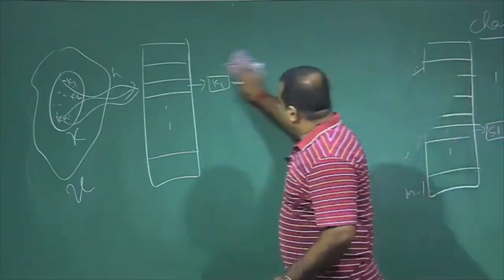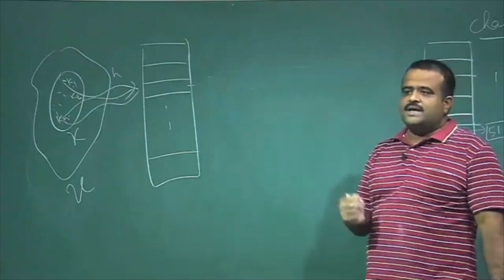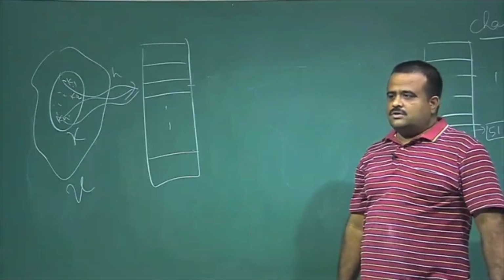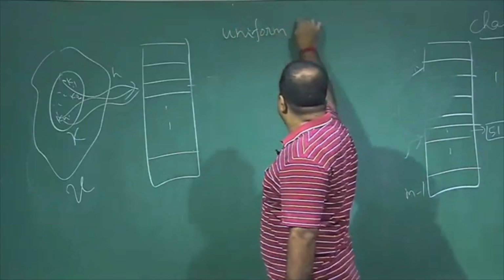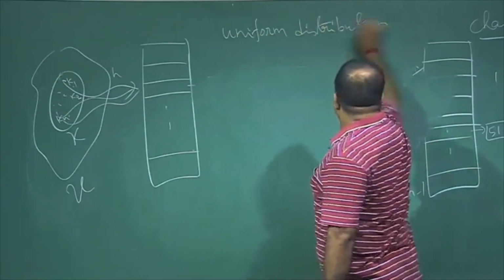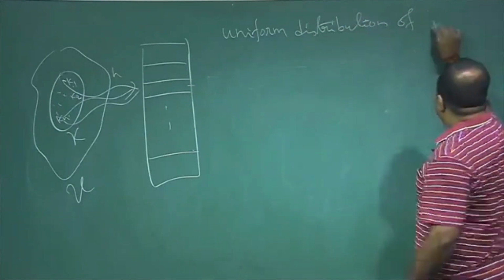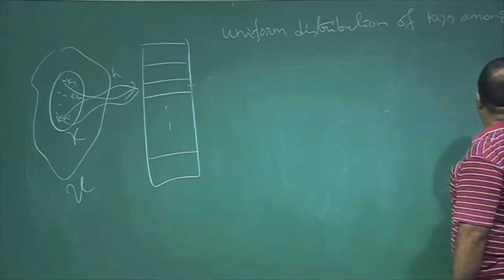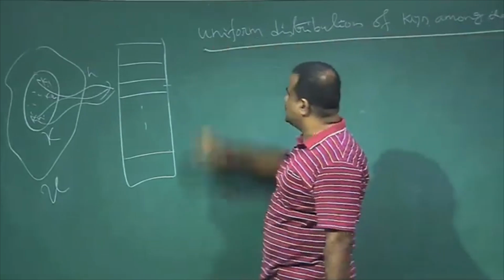But if we assume our hash function is a good hash function, in the sense that it distributes the keys uniformly among the slots, some sort of uniform distribution of the keys among the slots, then we call our hash function a good hash function.